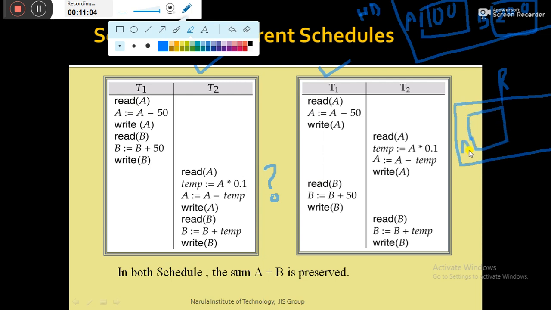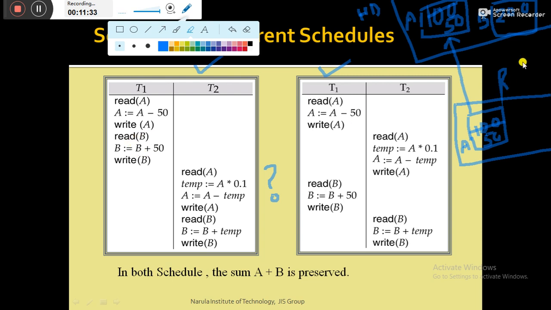This is A. It will be 100. A minus 50 becomes 50. Write A means that value will be written over here. So that becomes 50.